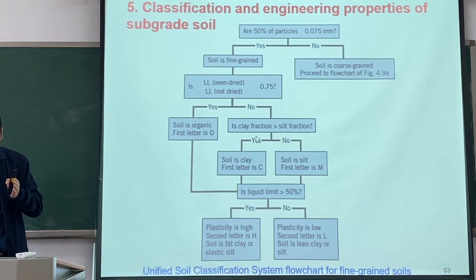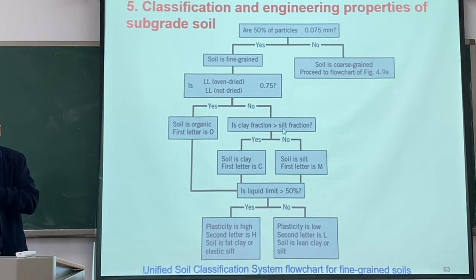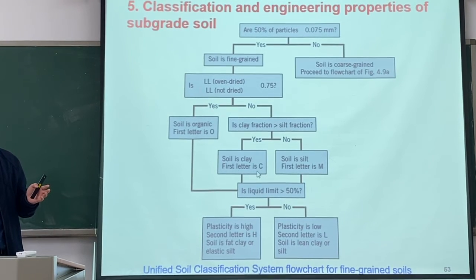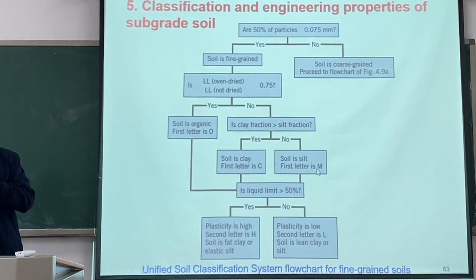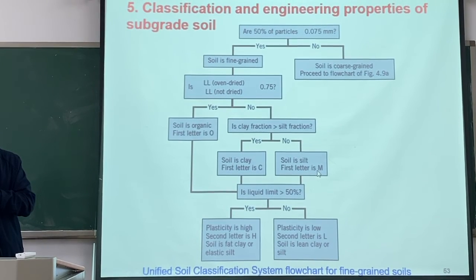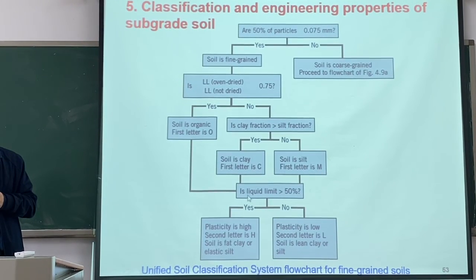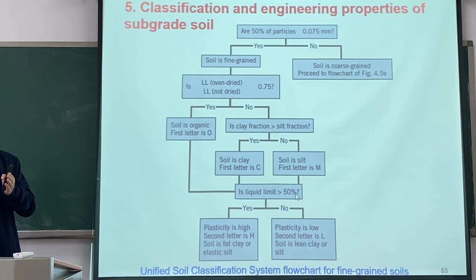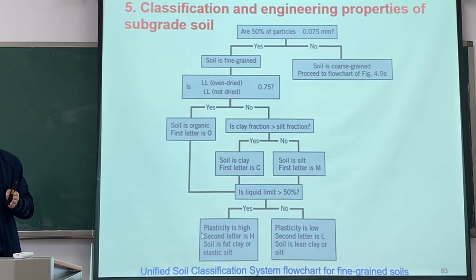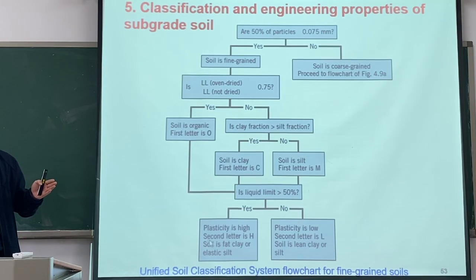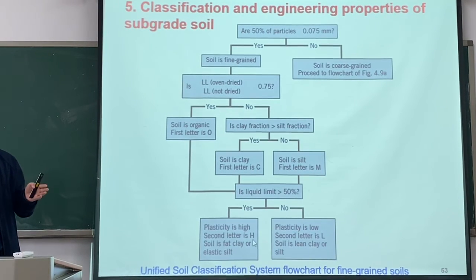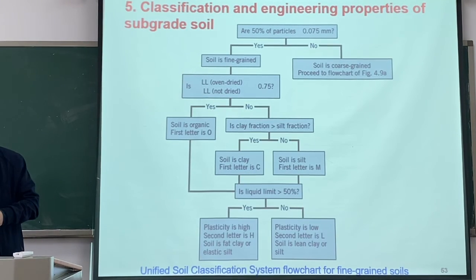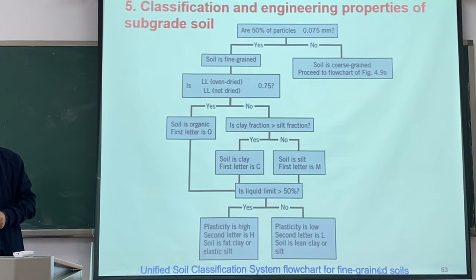If the clay fraction is larger than the silt fraction, the soil is clay, first letter C, or silt, M. When the liquid limit is larger than 50%, plasticity is higher, and the second letter is H, high plasticity, or L, low plasticity.